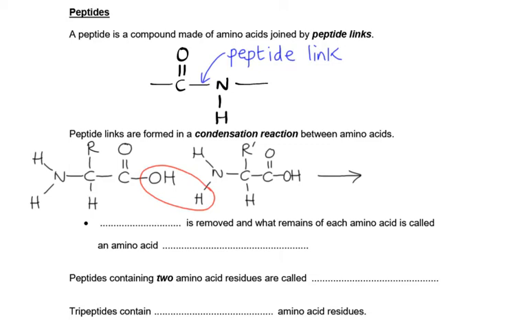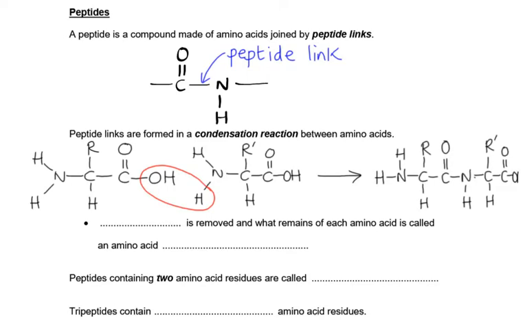So we're going to have a H with an N, and a H, and a C, which has our R group, and a hydrogen, and then a C with a double bond O. And we're going to join to our nitrogen, which has one hydrogen, and then a C with a different R group, and a hydrogen, and then our carboxylic acid group at the end.